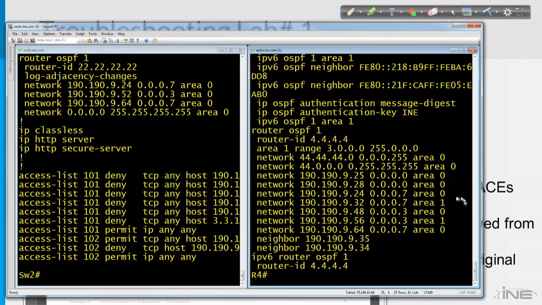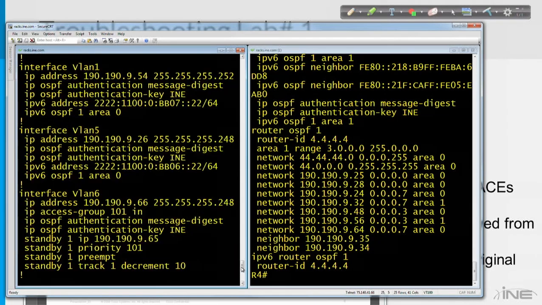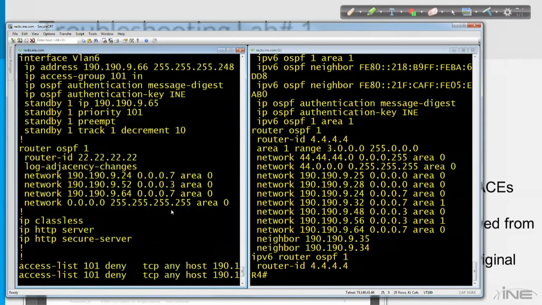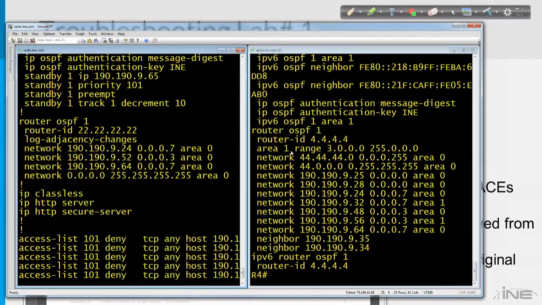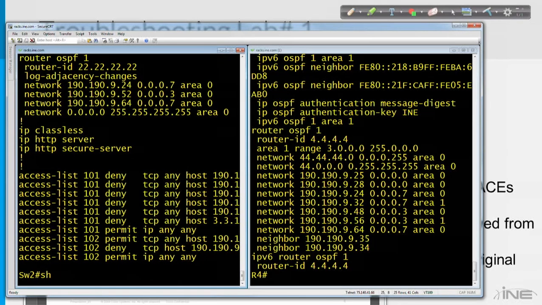Let's line these up here. We already know that we've got the correct network statements, because otherwise it wouldn't show up in the interface in the first place. I don't see any other funky, weird commands here in the OSPF process that would prevent them from talking.